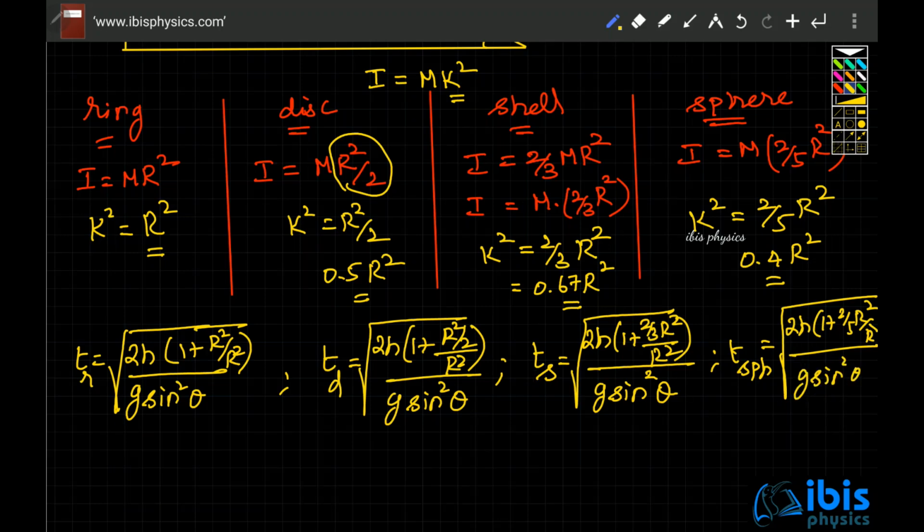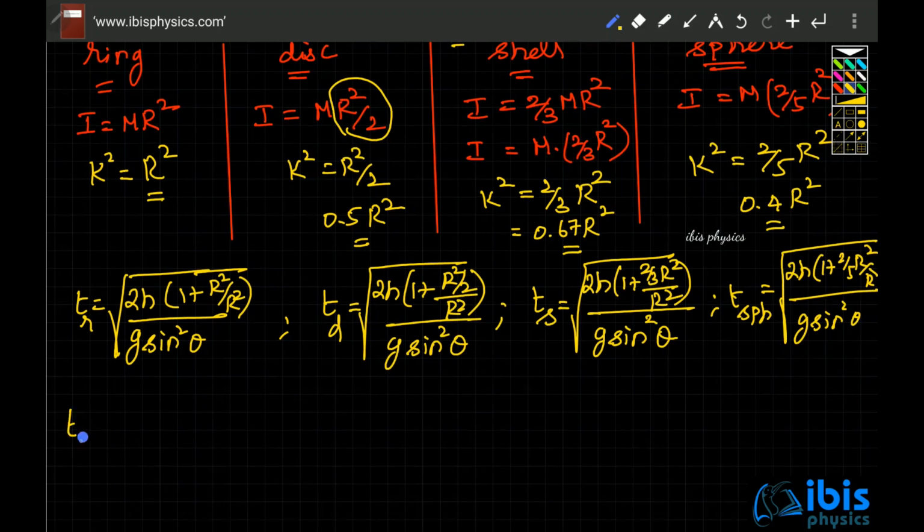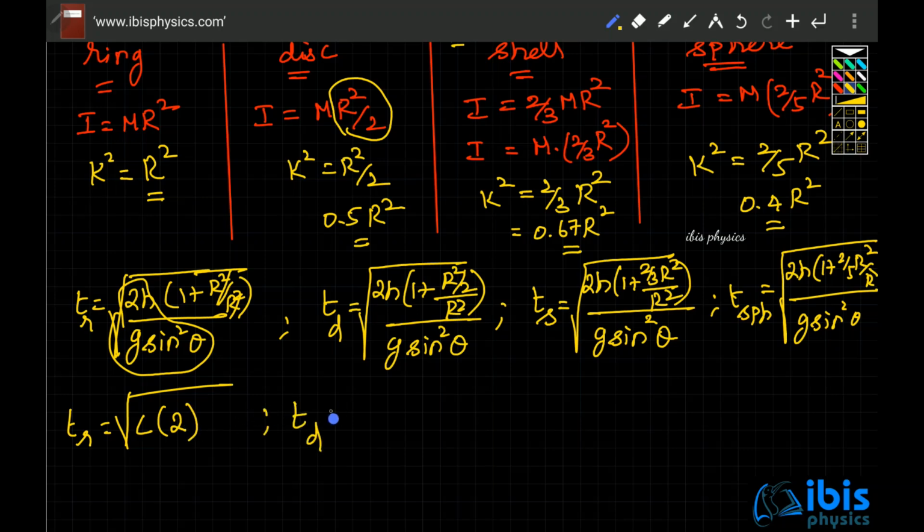2h by g sine square theta is common for all of them. So let us take this whole thing as c. The time for the ring is root over c into 2. Time for the disc is root over c into 1 plus 1 by 2, which is 3 by 2.